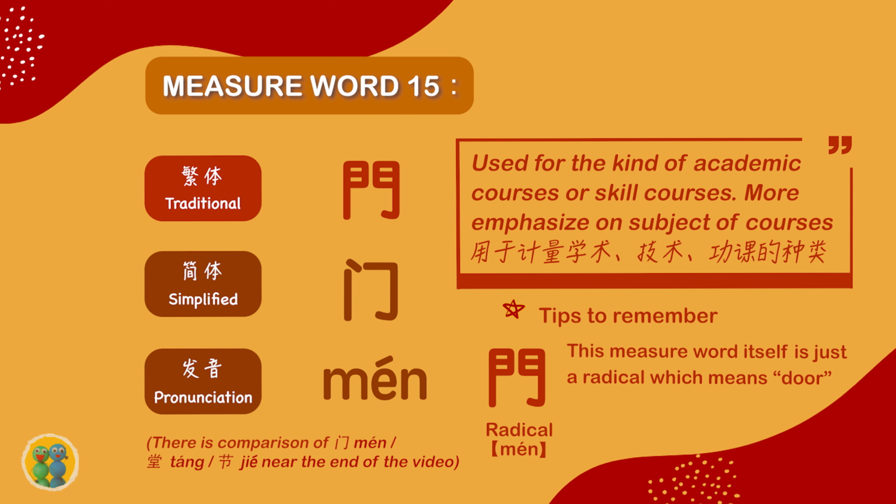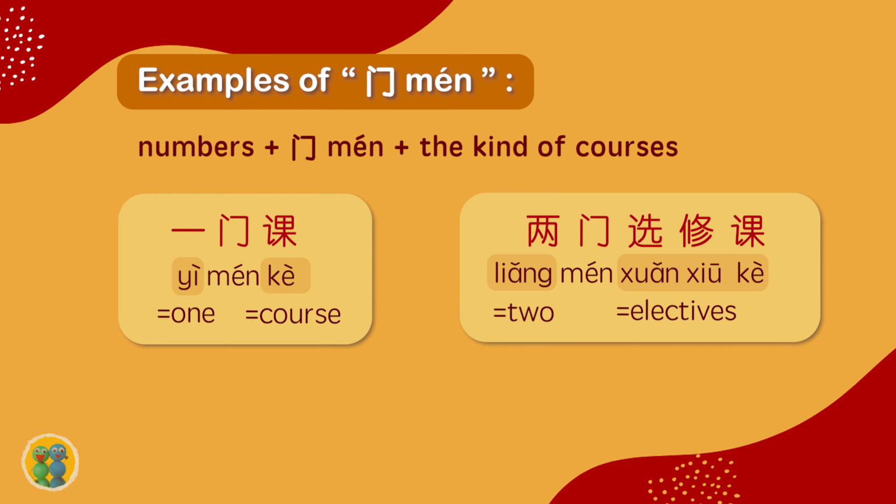You can imagine it this way: each subject is like having a door of its own, or say the kinds of academic courses each have their own door, such as math. If you open the door, it leads you to math, and if you open the other door, it leads to the science field. You can relate it to the radical.